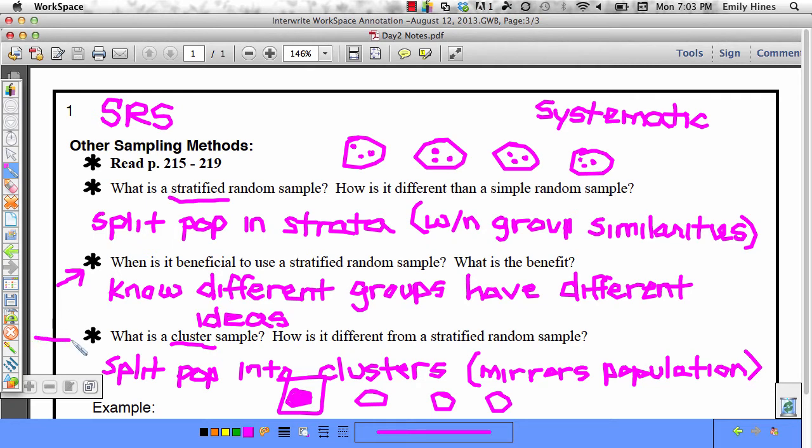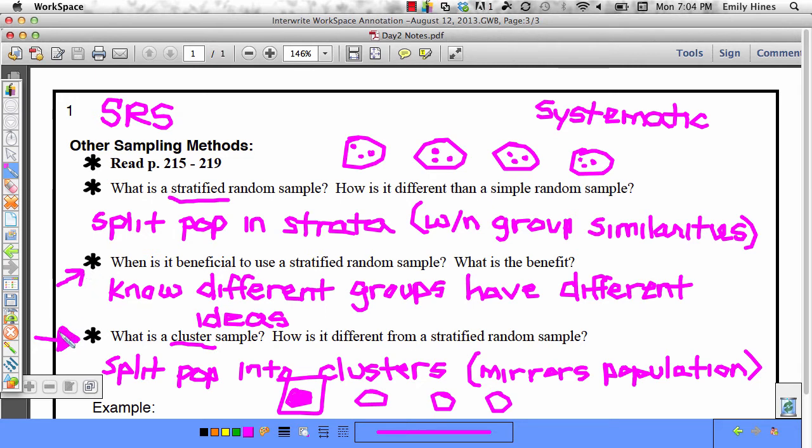If I was clustering, okay, gender is not such a big deal, but age is. So a cluster idea may be that I cluster by gender, and then depending on the gender I pick, I know that everyone in that group would probably be a bunch of different ages. So I'd have a wide age range.